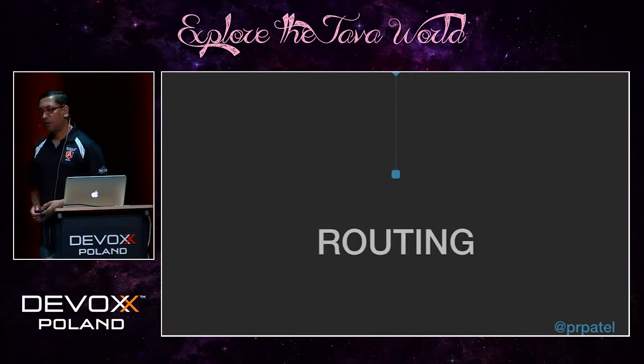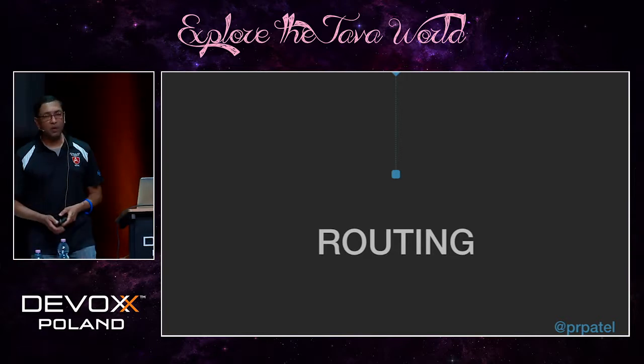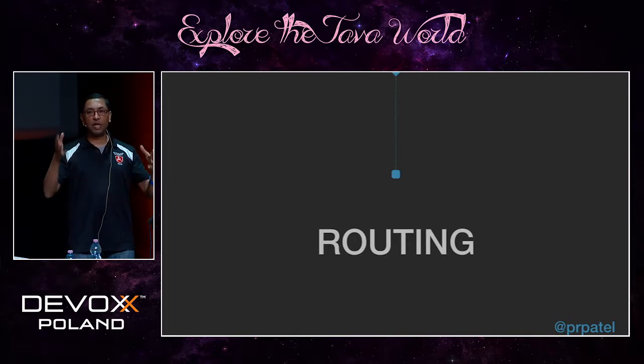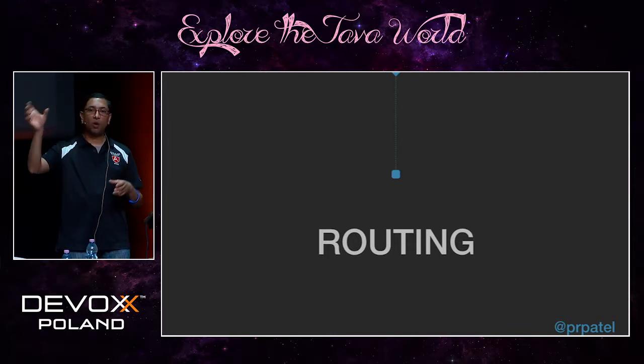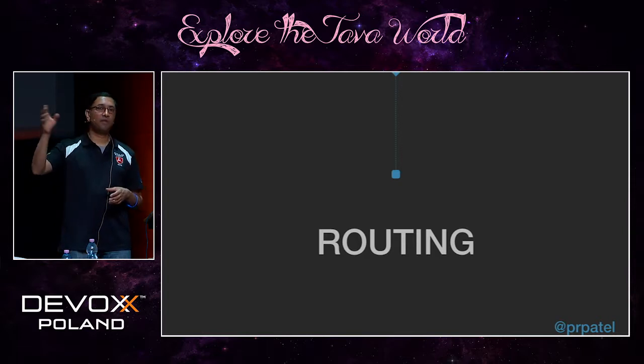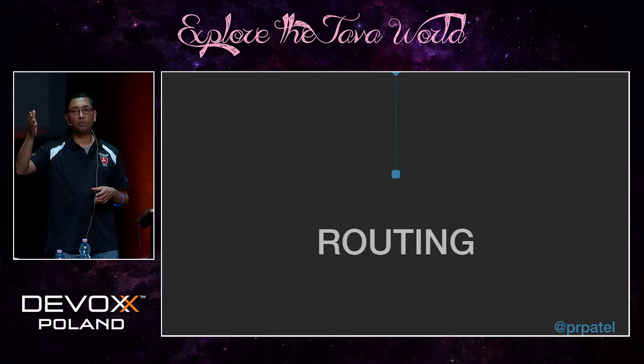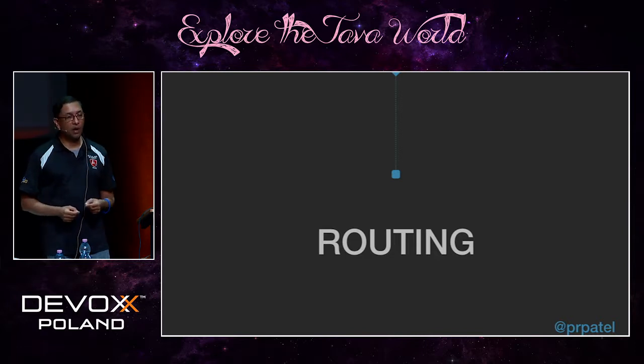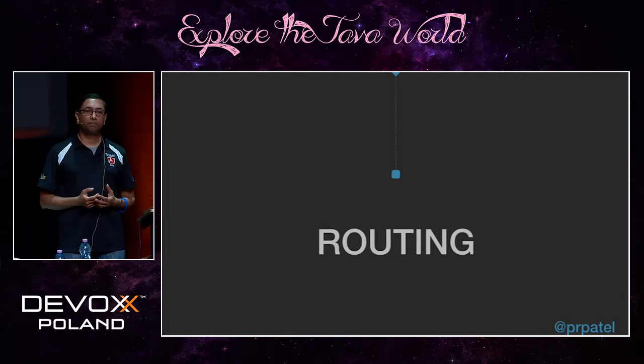So in terms of routing in React, how do we do that? By routing, what we mean is when a user comes to your application and they click on today's lunch, we want the URI to change from www.devoxx.pl/home to /lunch or to /schedule or whatever, right? We want the URI to actually change so that the user knows as they're navigating through our application where they are.